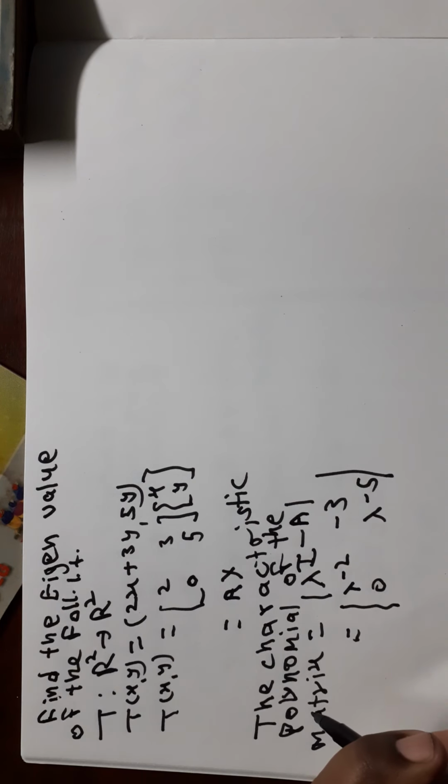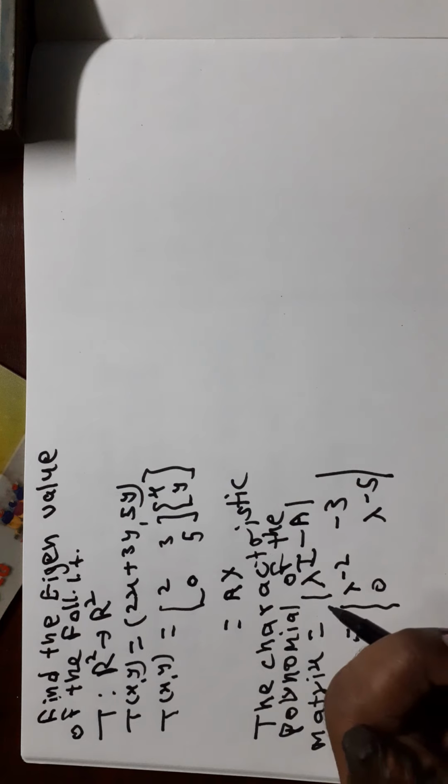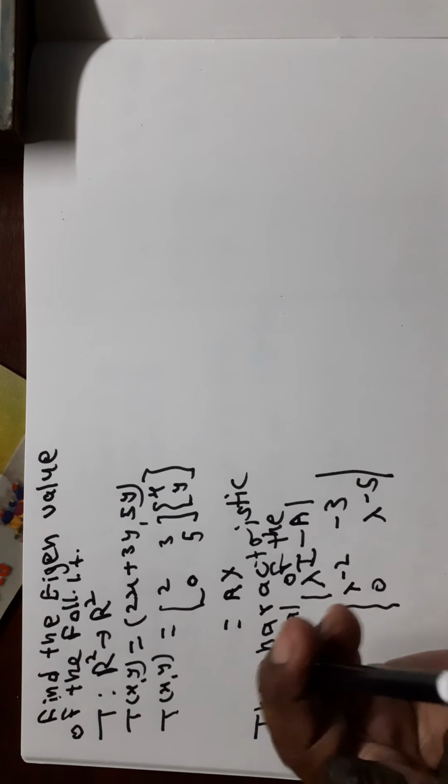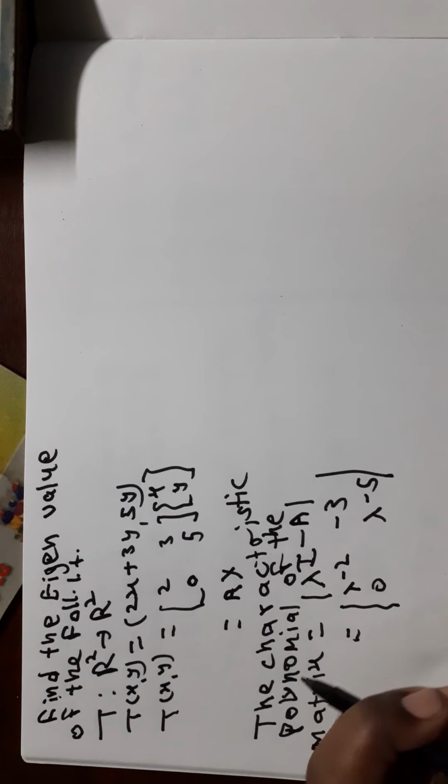So in order to find the eigenvalue of the linear transformation T, first we write the linear transformation T in the matrix form. T of (x, y) is equal to AX, where A is the matrix [2 3; 0 5].